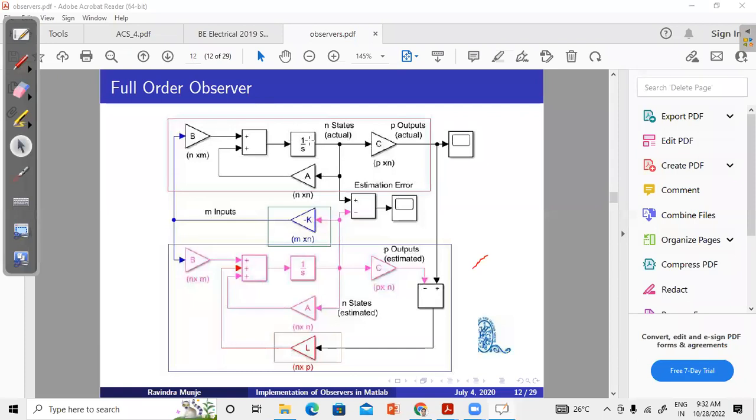So this is your complete system. Here I am putting the controller, which will have input from the observer. This pink part represents the observer. It is estimating the values, and these estimated states are given to K, and then it is given to the input. This is the complete block diagram for the observer.